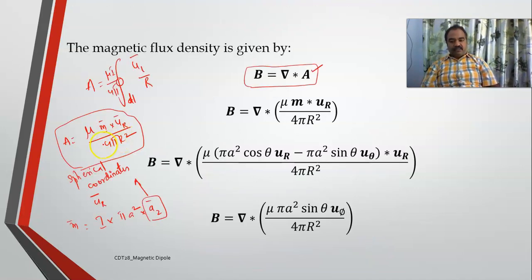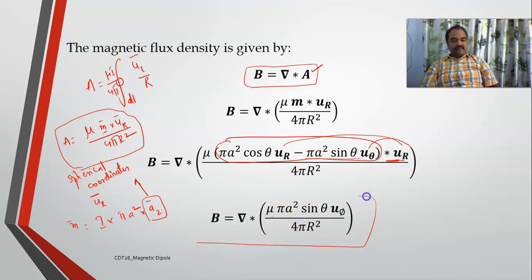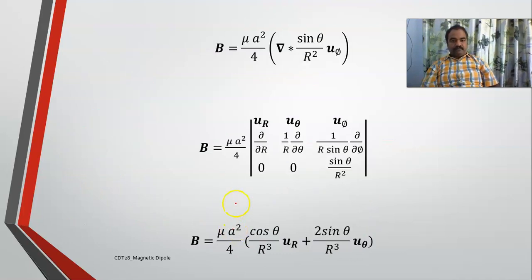If I substitute it here, this is my m, and this is my expression. Here u r cross u r gives 0, and u theta cross u r gives u phi, with minus pi a square sine theta. The minus will cancel. So this is my expression for B. For this I apply the del operator in spherical systems.